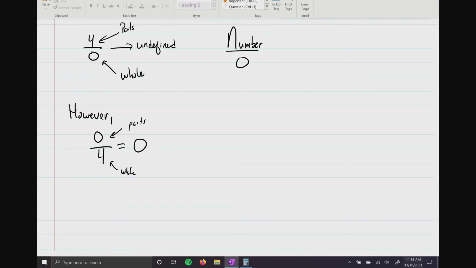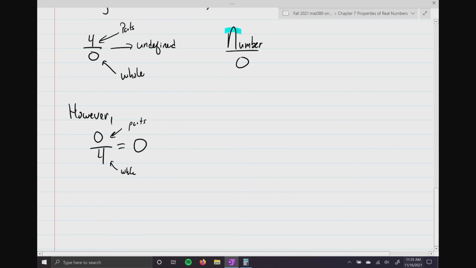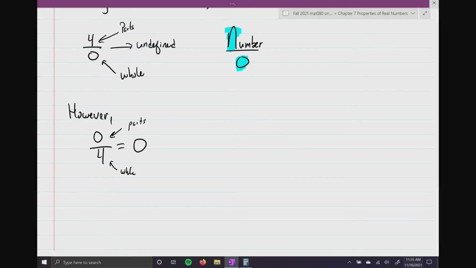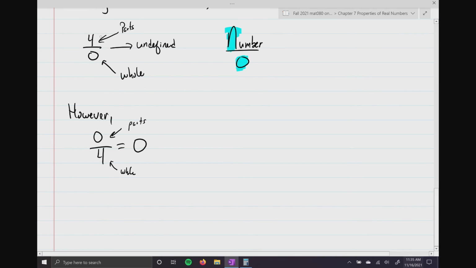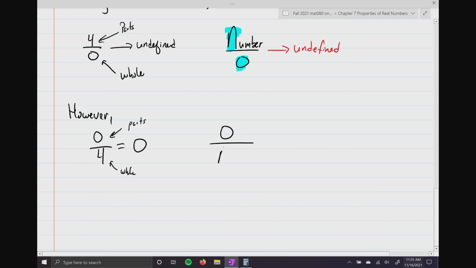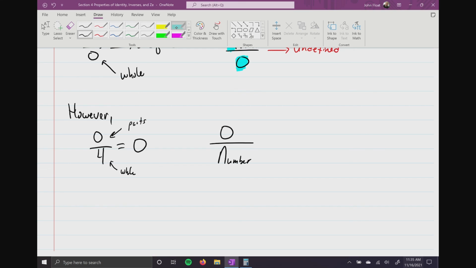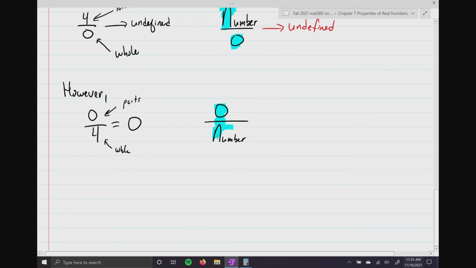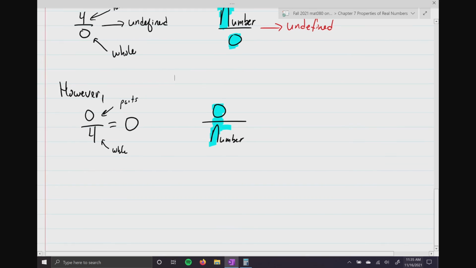Well, if you think about it, that spells the word no if you read it from top to bottom. So no, you cannot do that. We say it's undefined. However, if you have 0 divided by a number, that, if you read it from top to bottom, spells the word on, which you are totally allowed to do. It equals 0.